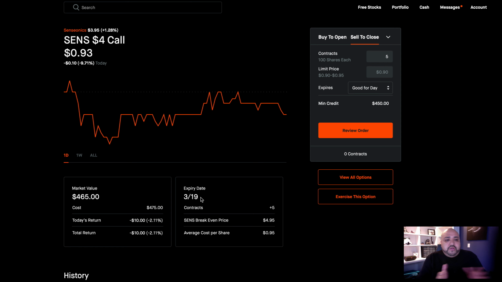However, the longer you wait, the profit returns get smaller and smaller. So instead of winning, let's say for example $200, if you waited until March 19, the returns are going to be less. It could be $10, $5. So obviously you want to sell before the expiration date. Okay, hope that makes sense.